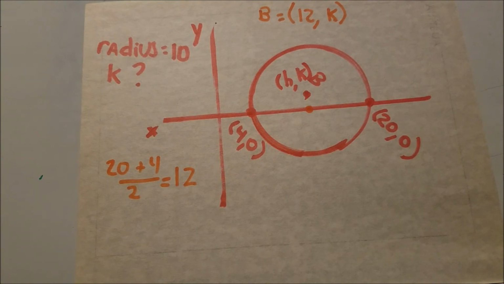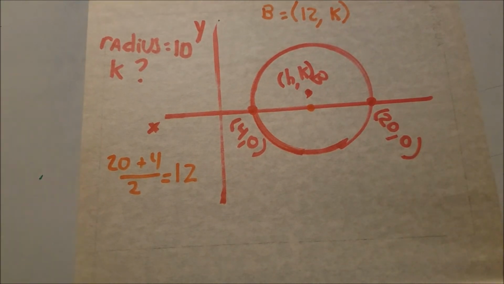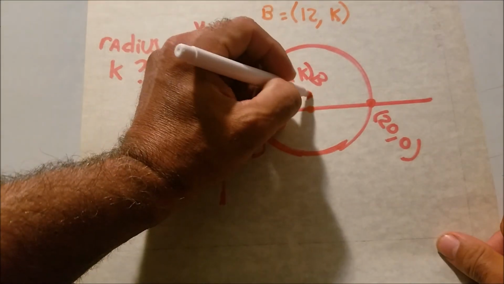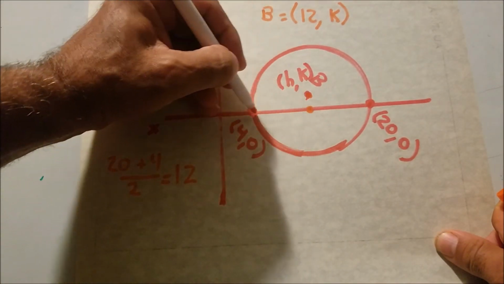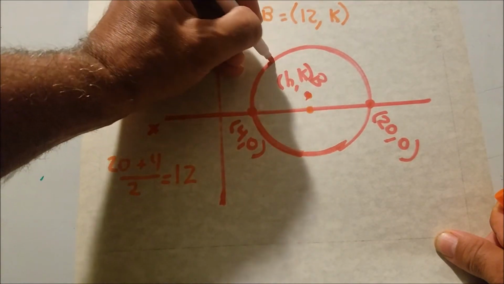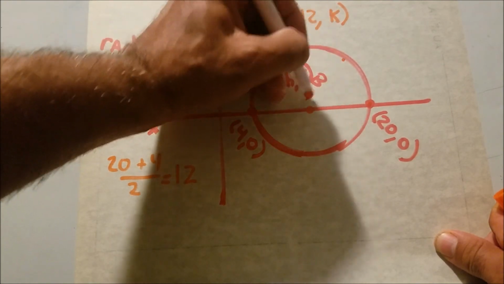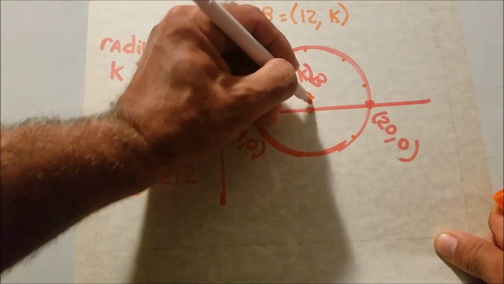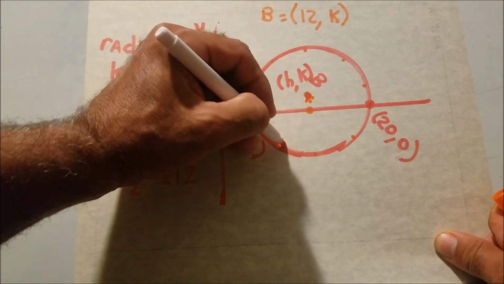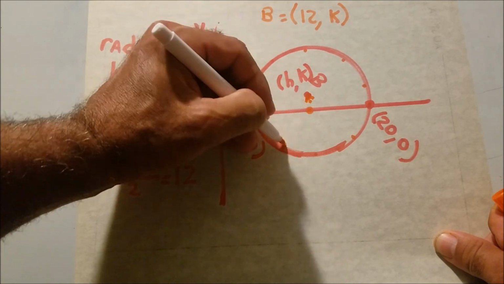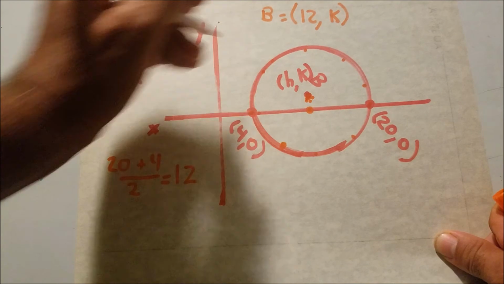One thing to know about circles, and I'm sure you know this already, is that any point from the center of the circle to any point on the circle will be the same length. It's symmetric. So you can make a line anywhere from the center to any point and it'll be the same length.